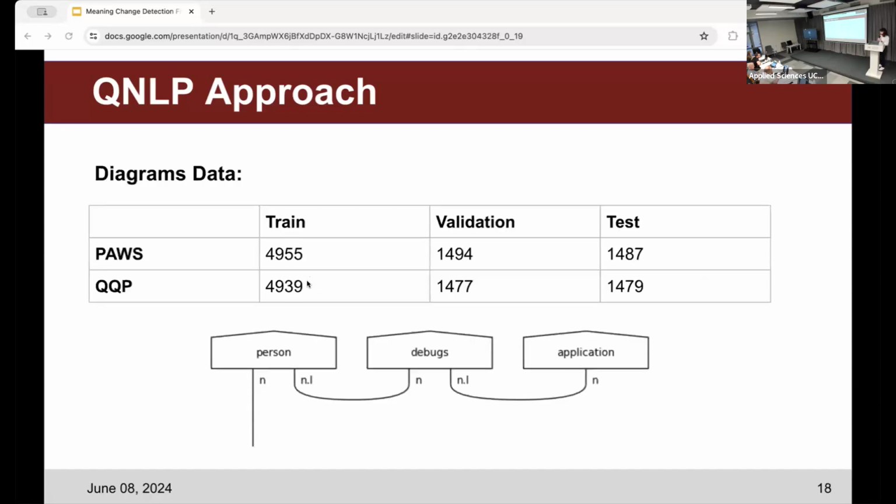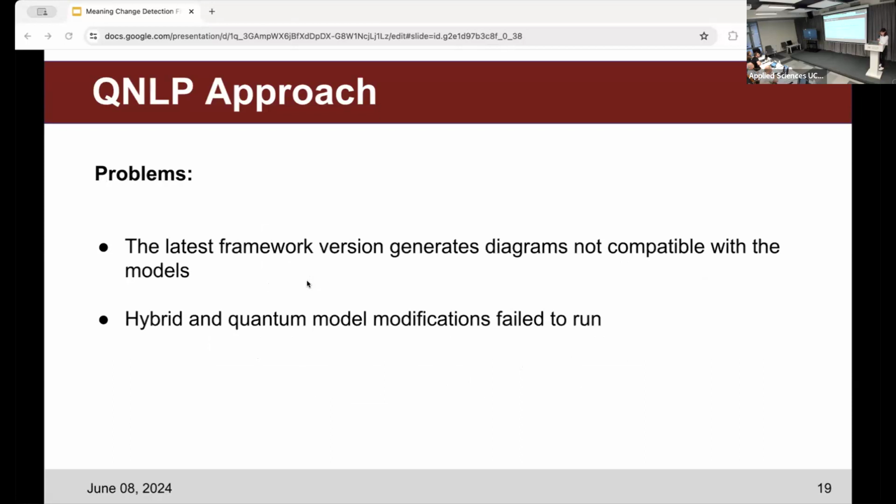So the final datasets that we used are presented here, and on the slide at the bottom we can see the simplest diagrammatic representation of a sentence. However, the selected framework was not mature enough for our initial plan.